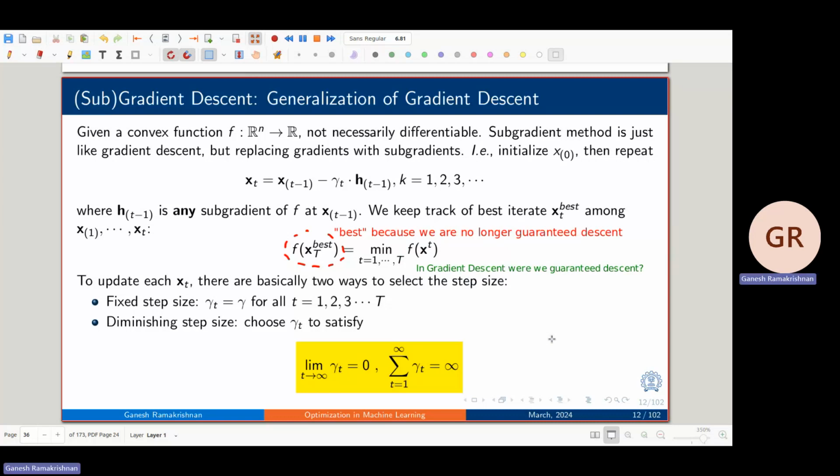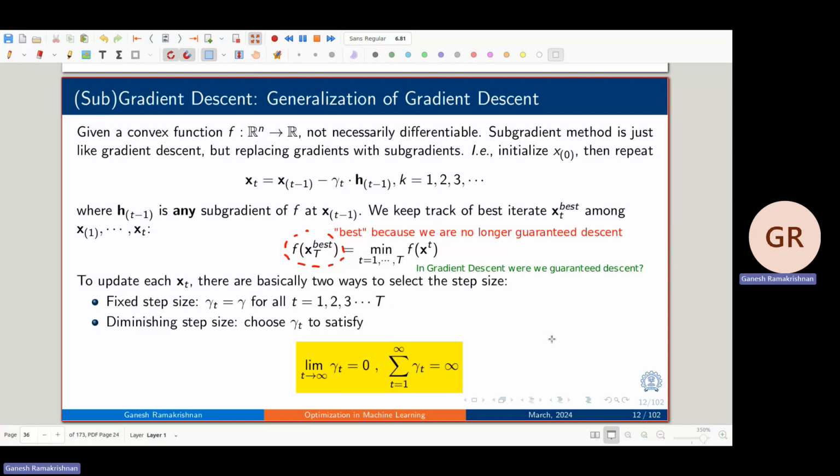Let's continue. Here you may have to keep track of multiple iterates, not one. So t equals 1 to capital T. So a beam of subgradient updates, which means x1 is an update, x2 is, I put a superscript there. Each of that is an update.